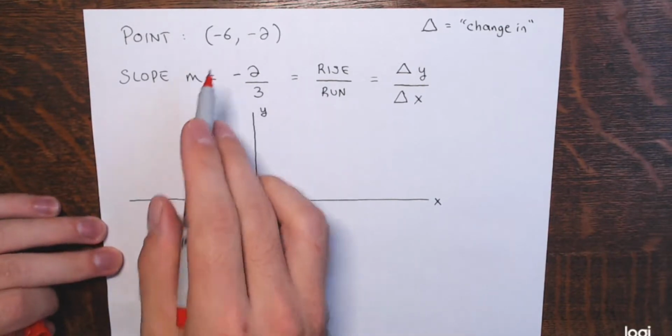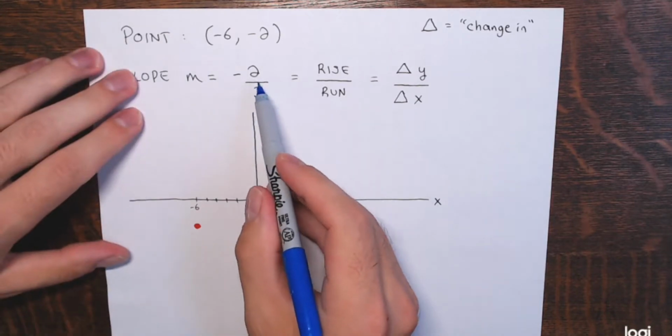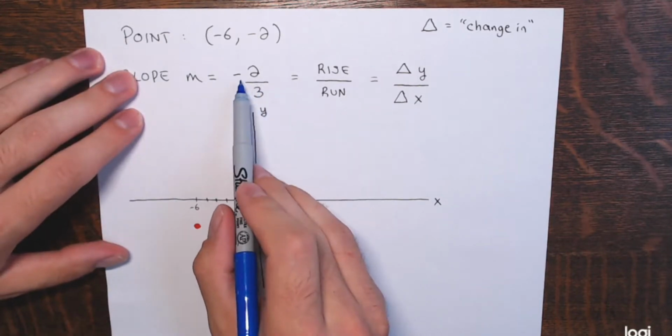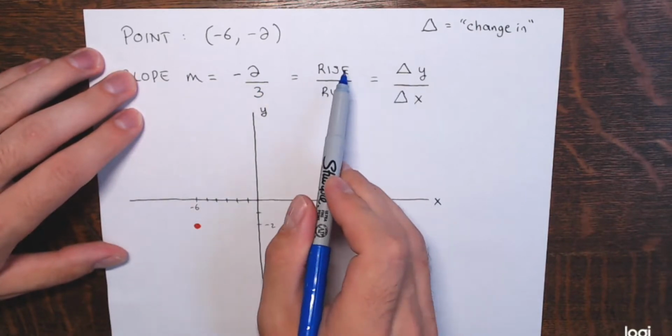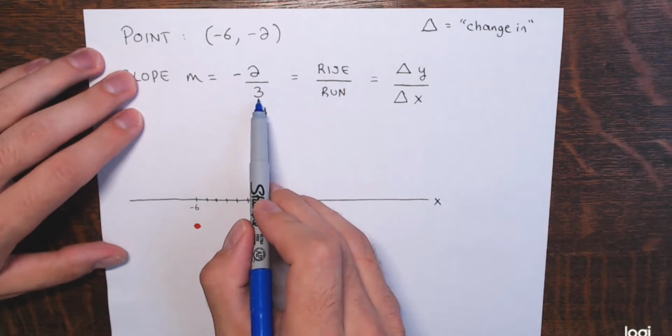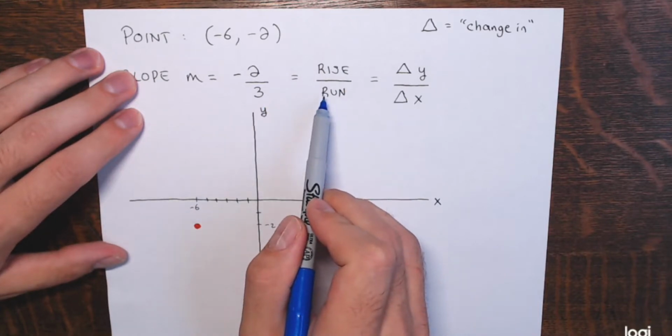That's the point they gave me. So I plot that point, and then having a slope of -2/3, you can think of the numerator as -2, the change in y, the rise, and the denominator as +3, or the change in x, or the run.